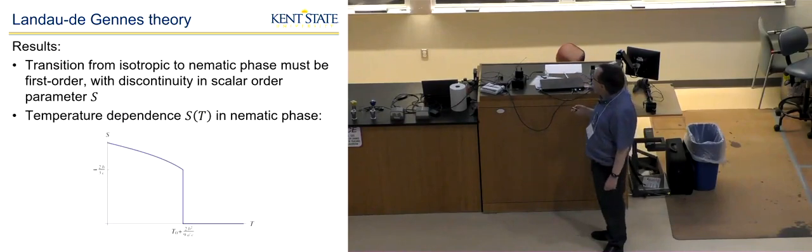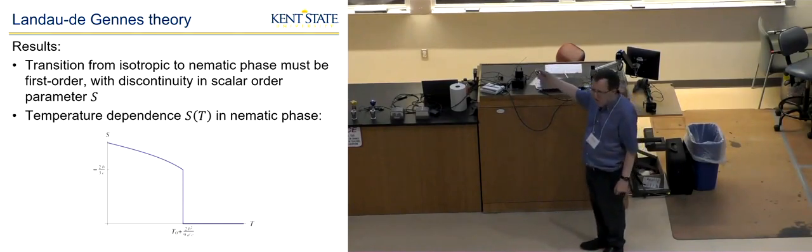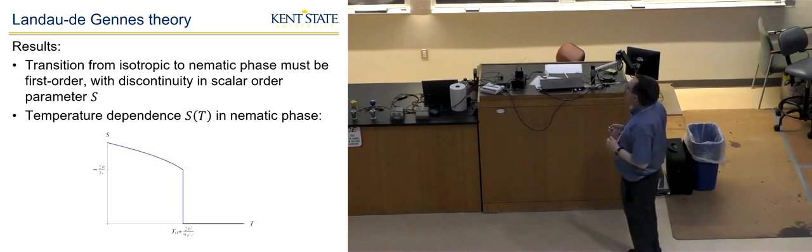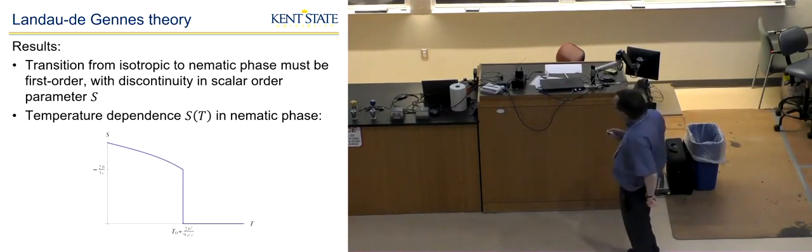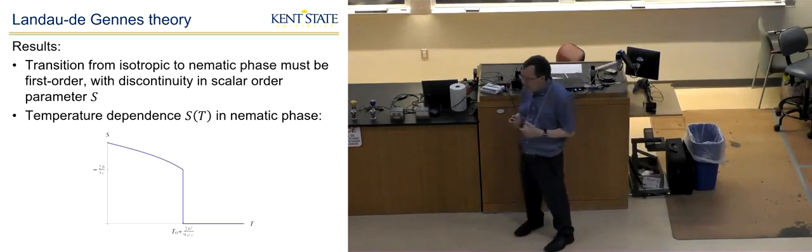So if we were to make a plot of that for the nematic order parameter on the vertical axis as a function of temperature on the horizontal axis, then you can see that the minimum is 0, 0, 0, 0, 0, and then it jumps discontinuously to a non-zero value, and then continues to increase as you go lower in temperature. All right, so this then is making a prediction for the isotropic nematic transition, right?